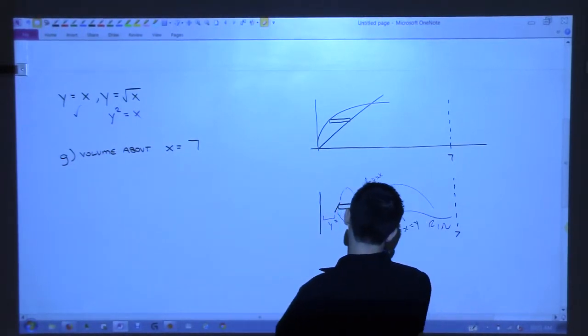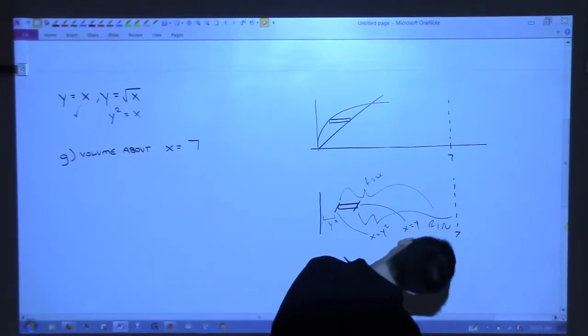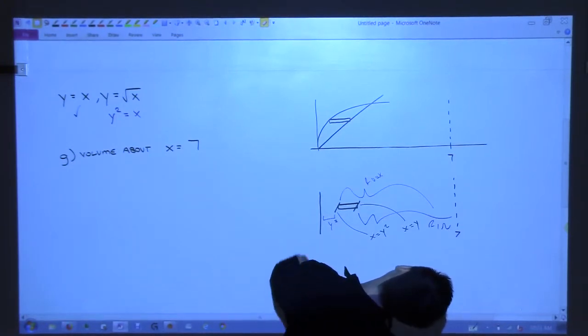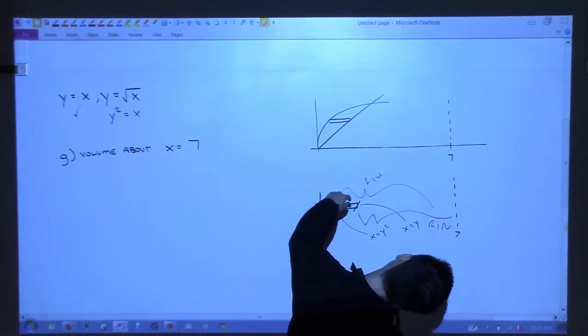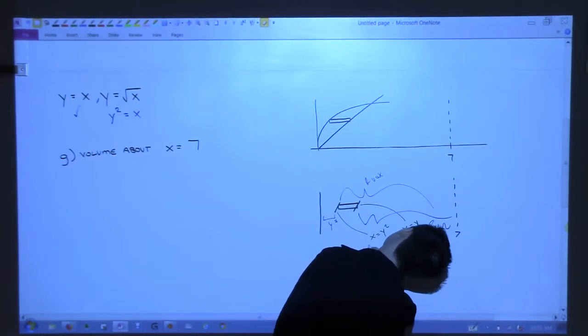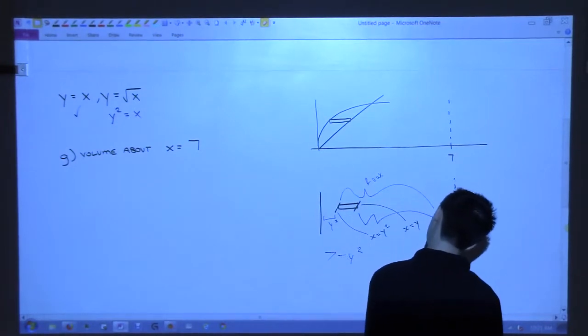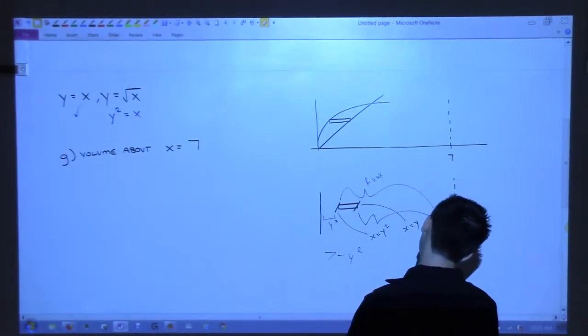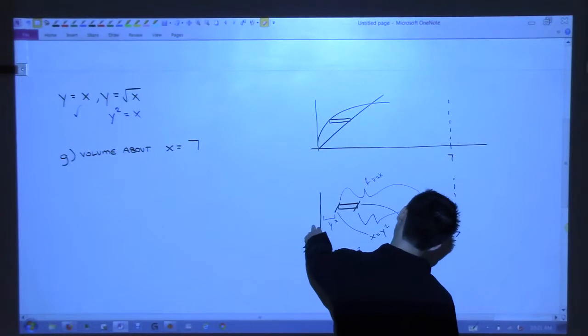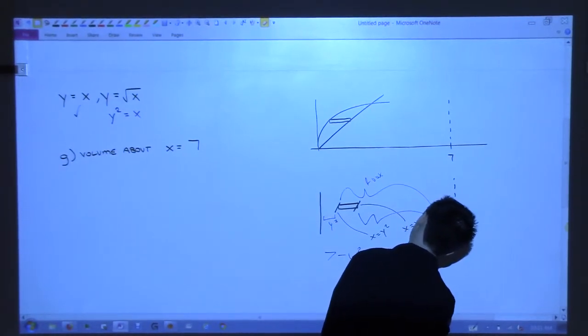So for the outer one, it should be 7 minus y squared. Okay, and then what do you think for the inner? For the inner one, it should be 7 minus y.